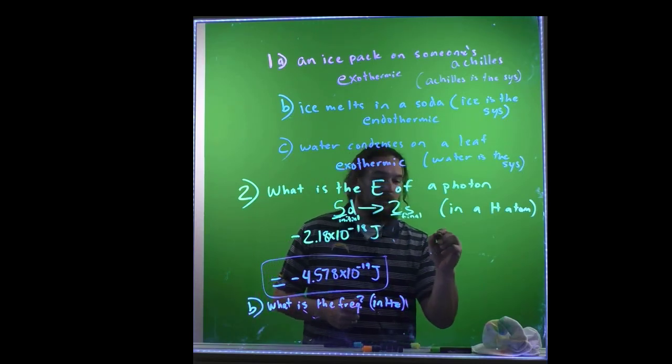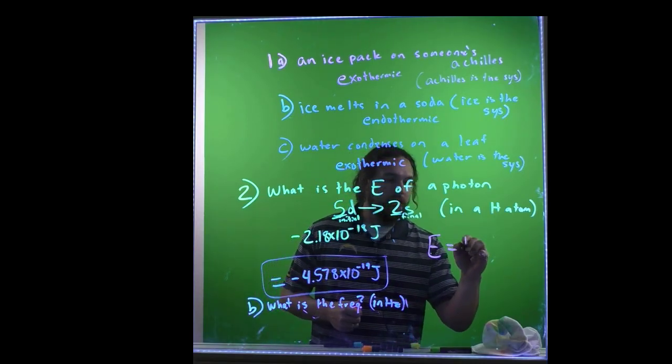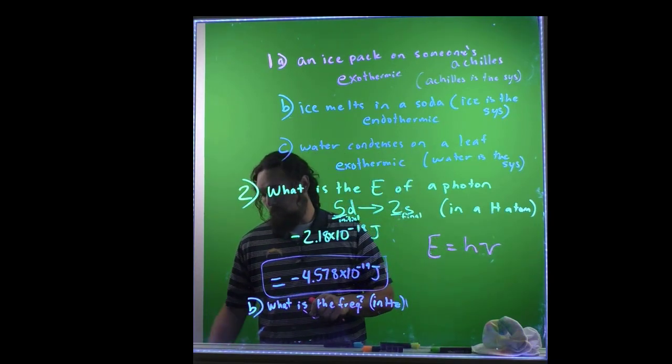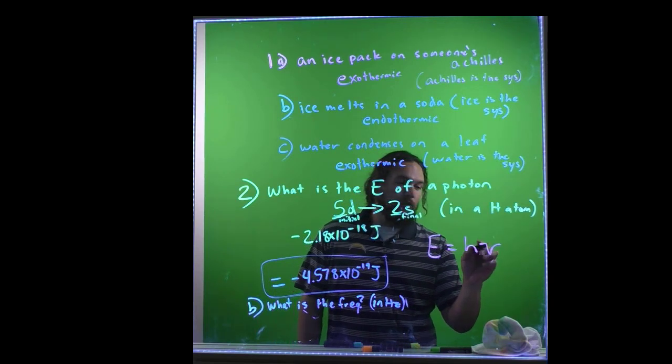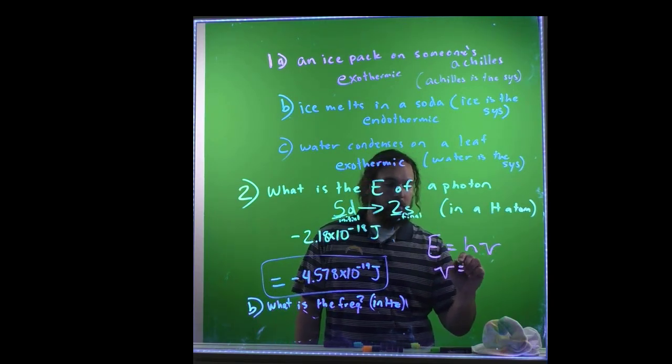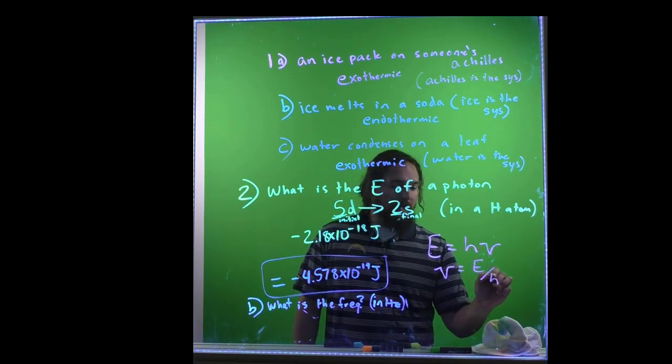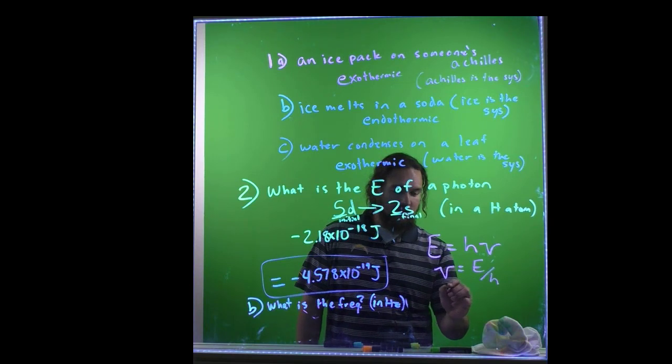And if we rearrange this, we want to solve for nu, so we get nu equals E over h.